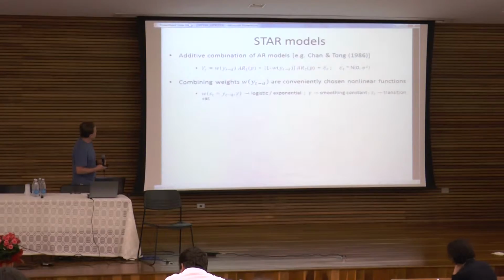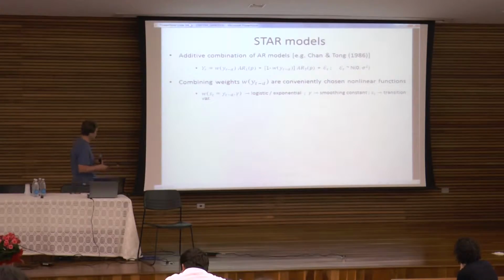The STAR models are basically a linear combination of autoregressive models, called regimes, which compete at each time. They are weighted by what is called the transition function, and of course the S is for smooth.